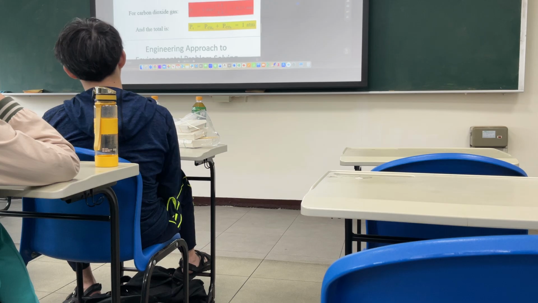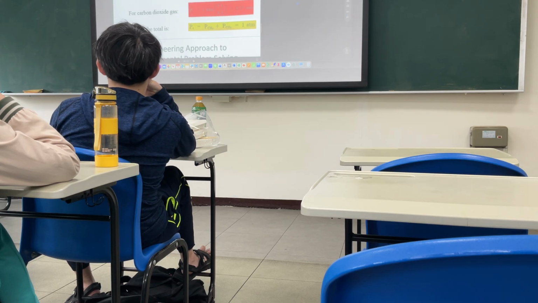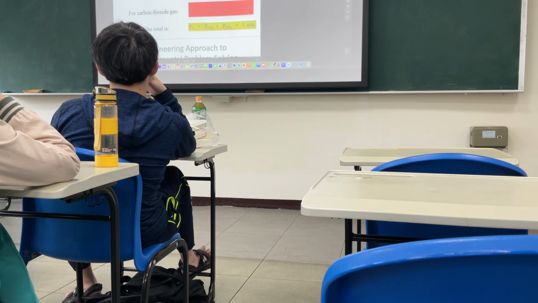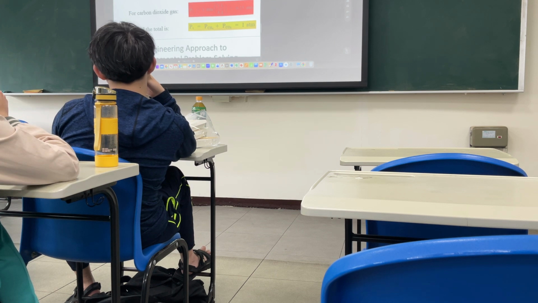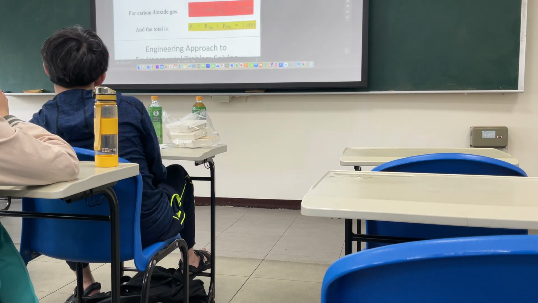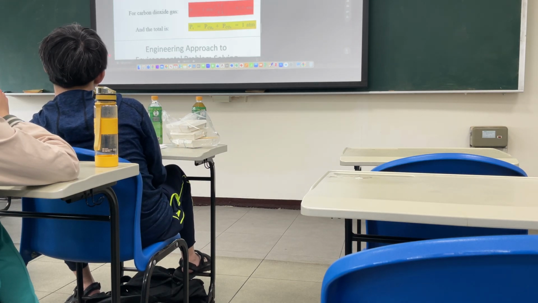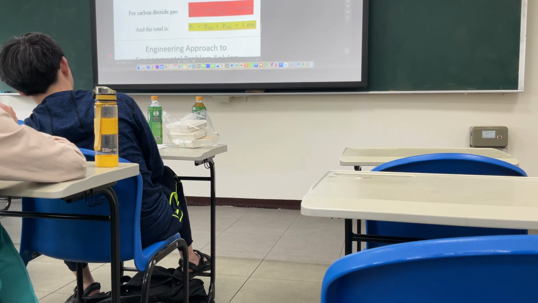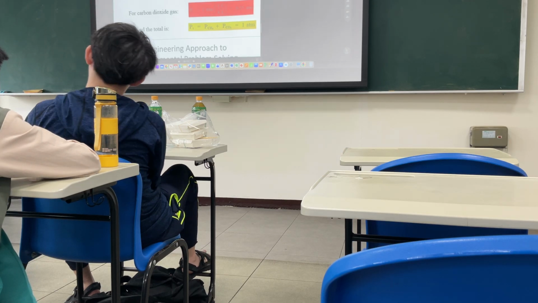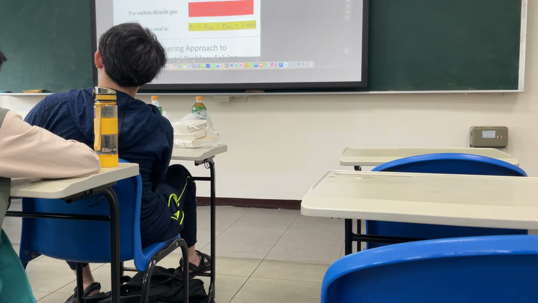So we can use the ideal gas law, especially P1 V1 equals P2 V2. I think this is the so-called Charles law. Let me check. No, this is not Charles.